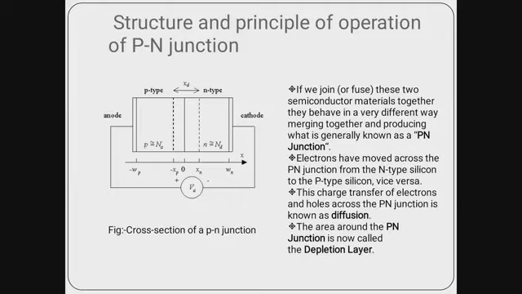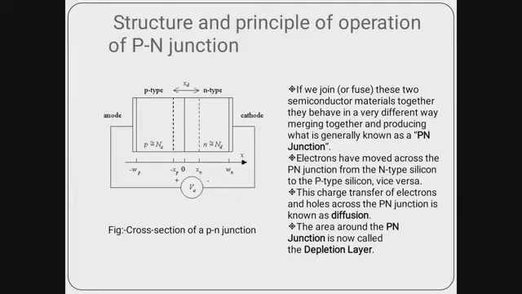And Wn and Wp are the distances which should be moved by the carriers due to the migrations from P to N and N to P. Holes are basically moved towards the n-type bead, and that is denoted by Wn of P. And similarly electrons are migrating from N to P side, that is denoted by Wpn, the distance that should be moved by the electrons from N to P side.